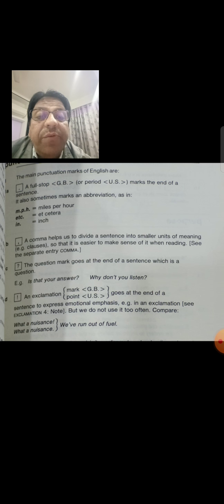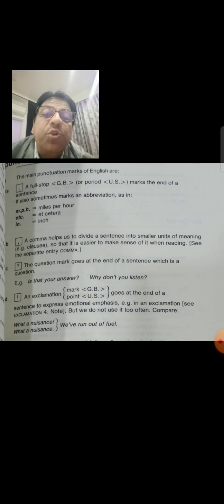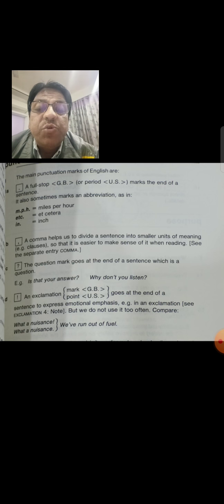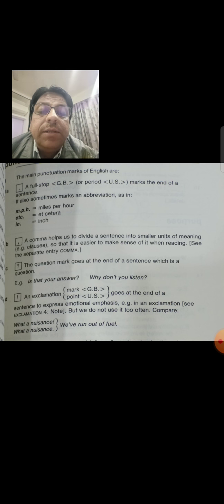Now there's a quick recap of what we have done about punctuation, starting with the full stop, which is full stop in British English and a period in American English. Full stops are used after sentences to end sentences, and they're also used in abbreviations.